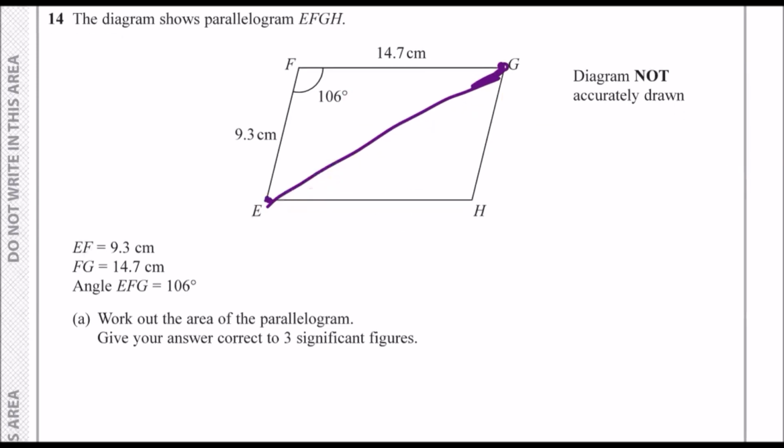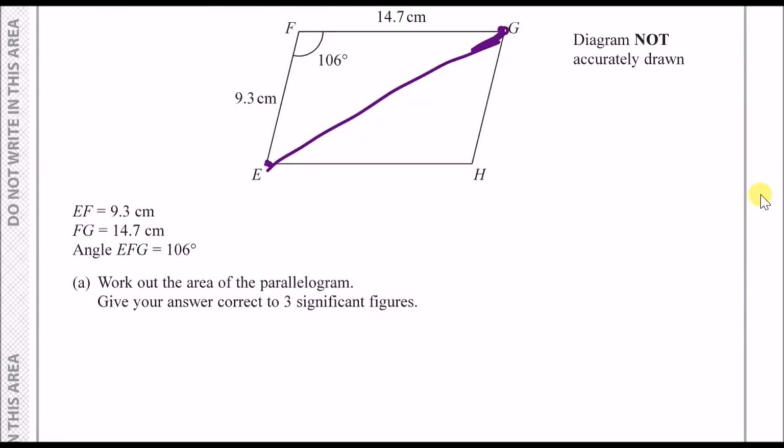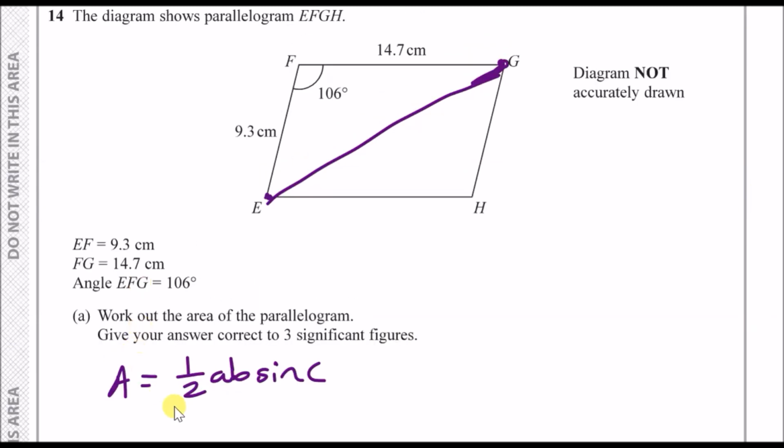Now, to find the area of a triangle, it's just one straight-up formula, and I think they give this to you as well. It's basically half ab sine C. To use this formula, you always need an angle between two lengths. And we've got it. So a and b are your lengths and C is your angle.